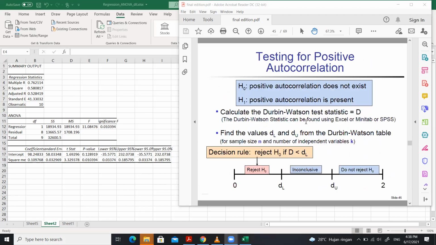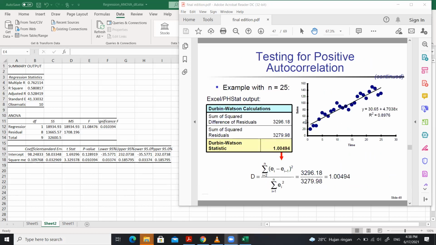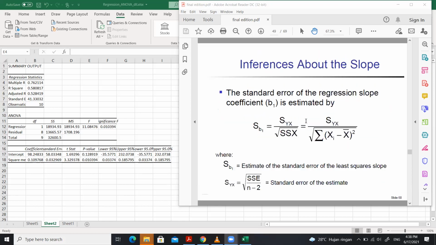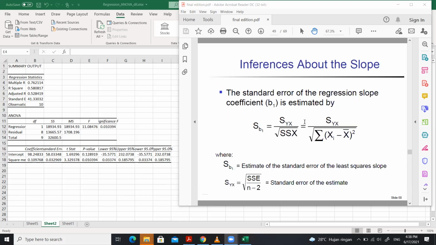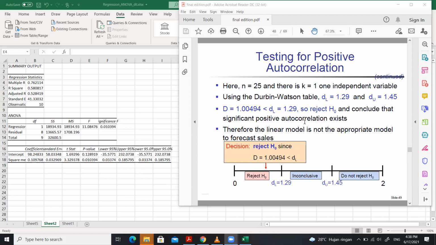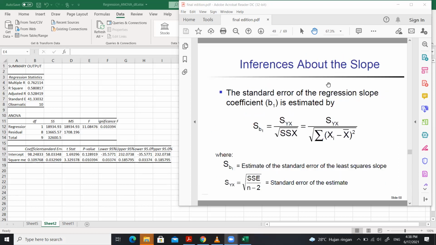So in this case, we'll jump to this one. In this case, we want to compute the inference about the slope. Why should we make an inference about the slope?